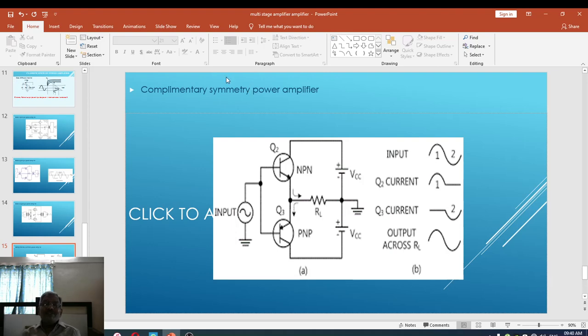In resemblance it is symmetric, but the working of one transistor is complementary with the other. Due to this speciality, we call the amplifier represented here the complementary symmetry power amplifier.